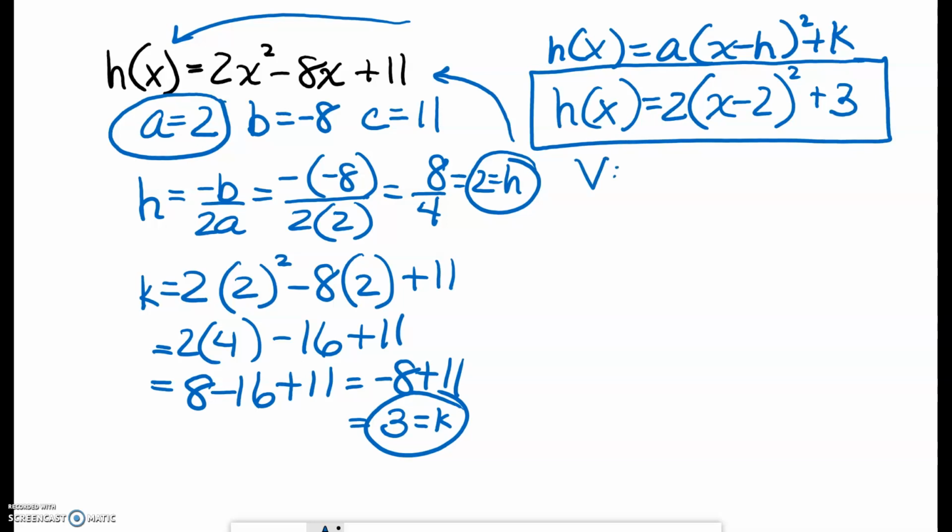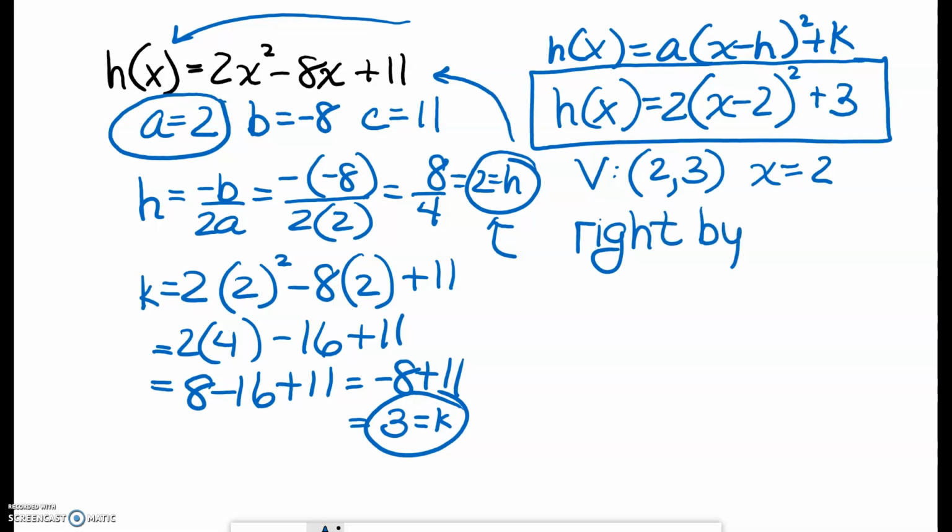Our vertex is h comma k, 2 comma 3. Our axis of symmetry is x equals h, so it's 2, x equals 2. H is positive, so we're going to be moving right by 2. K is positive, so we're moving up by 3.